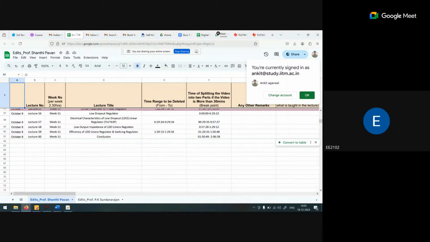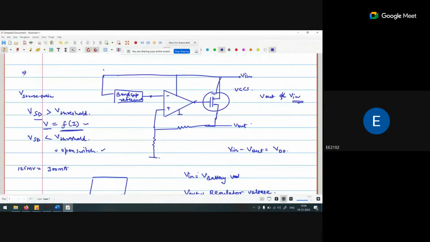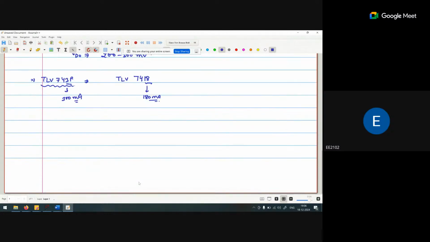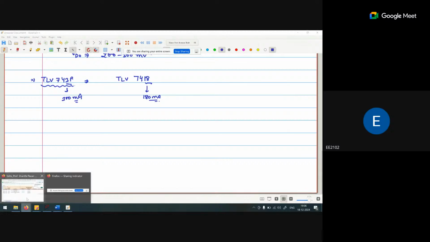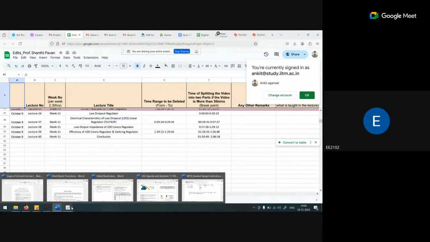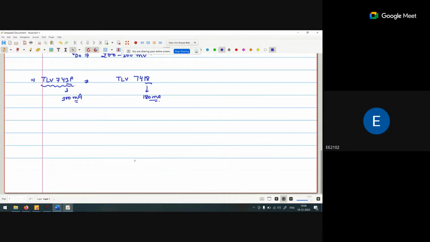In lecture 3, low output impedance of LDO linear regulator. Now the low output impedance.